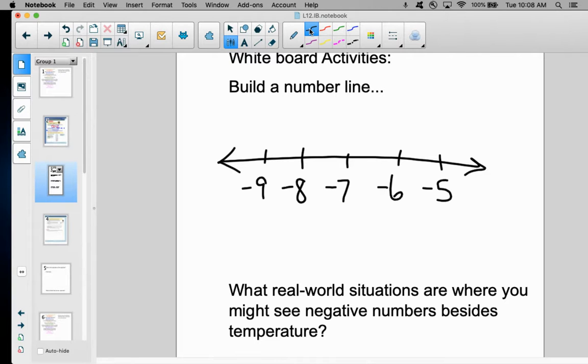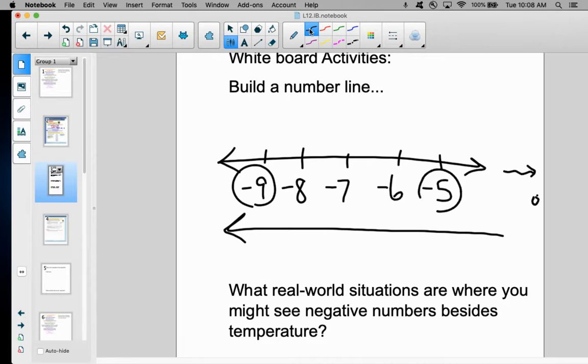So this segment of our number line has the 0 somewhere over here. It's not on the number line, but it continues. And so we want to make sure that anytime we're writing our negative numbers, that they are getting smaller as they go to the left. -9 is farther away from 0 than -5 is. And therefore, sometimes building the number line is a little bit tricky at first. So that's what I wanted to do with your whiteboards before moving forward.